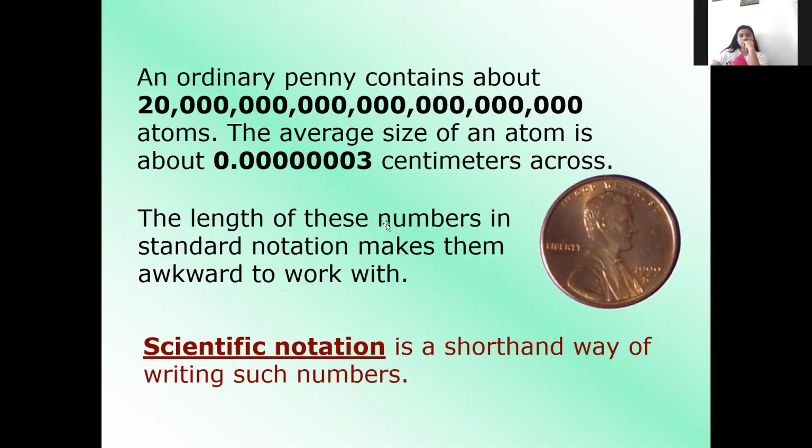You only have one, no? According to the rule, remember the rule, class. The rule in writing a scientific notation is to move the decimal point after the first significant digit. Again, move the decimal point after the first significant digit.